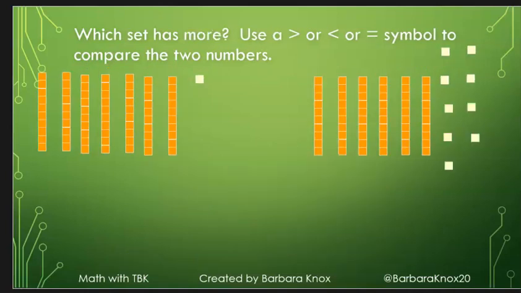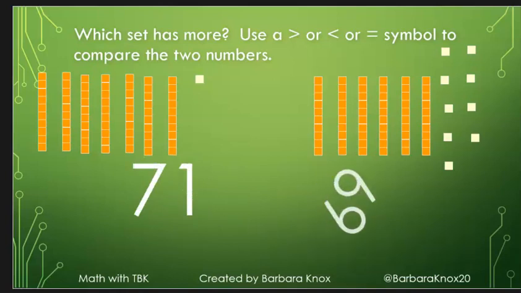Pause the video again to compare the 2 values on the screen. Write your inequality using the correct symbol. The value of the blocks on the left is 71. The value of the blocks on the right is 69.